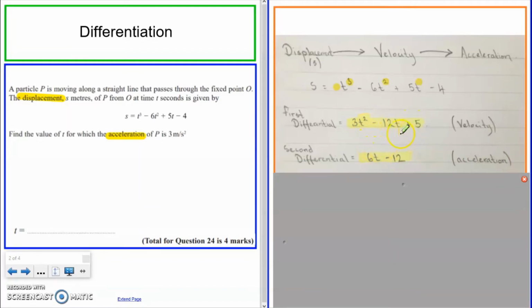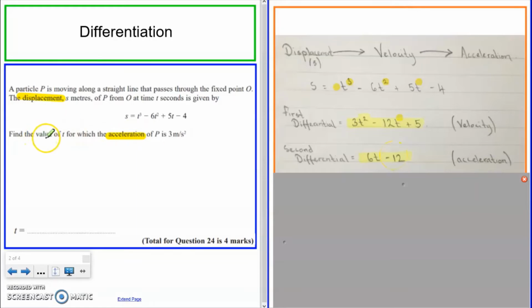Again, the constant is removed. The 2 gets multiplied by the 3 to give me 6t, and I reduce the index number by 1. The index number here would of course be 1. 1 times -12 is -12, and we reduce the index number again. So my second differential is 6t minus 12.